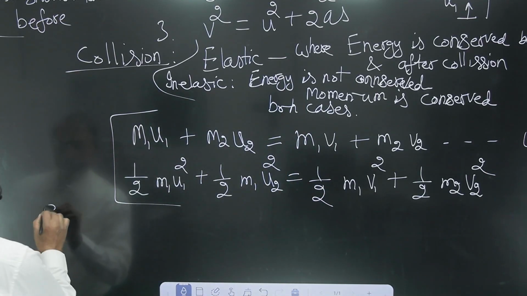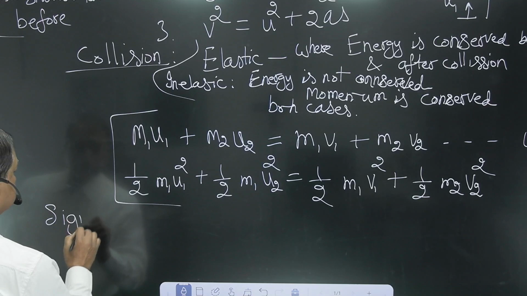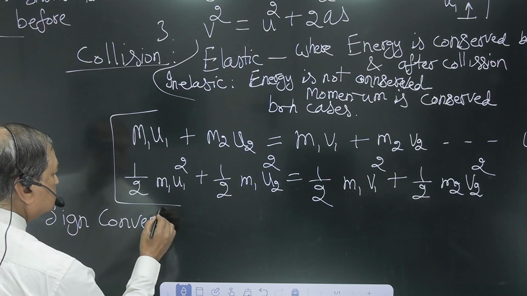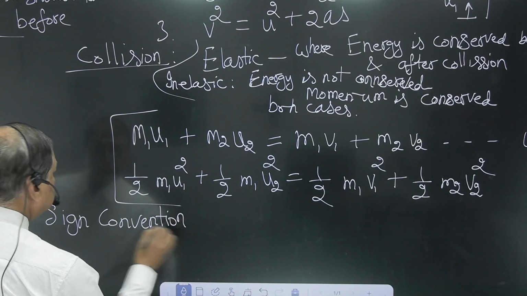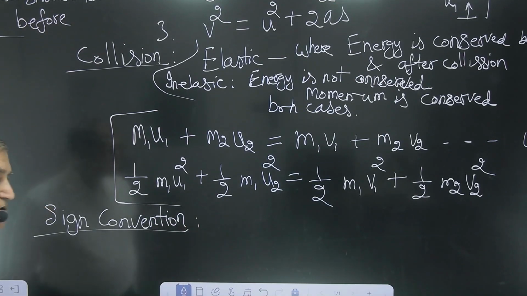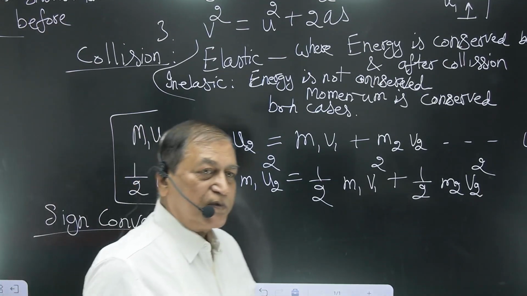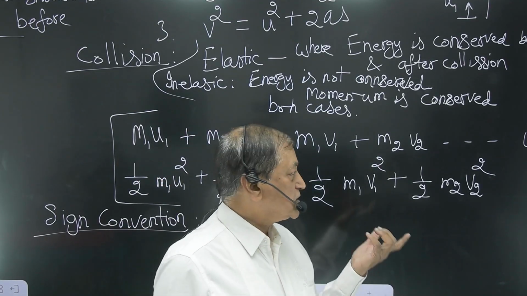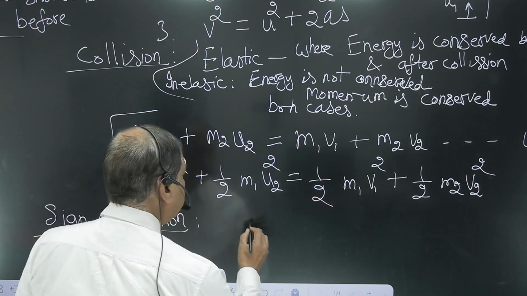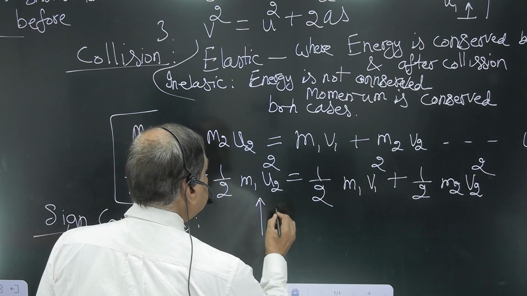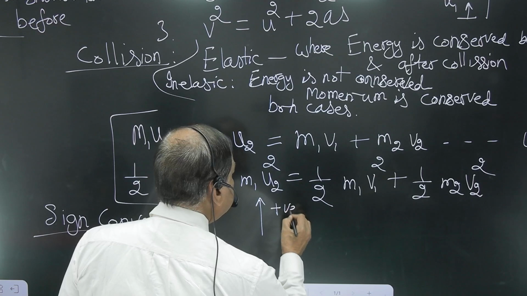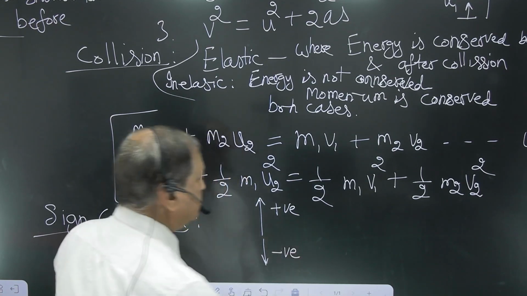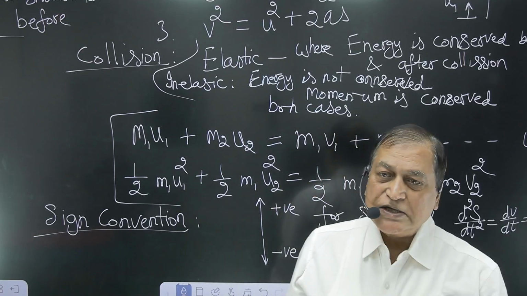Next requirement for understanding this type of question is sign convention. Because motion is only in one direction, that is the vertical direction, we take the upward direction as positive and the downward direction as negative. What is the acceleration?